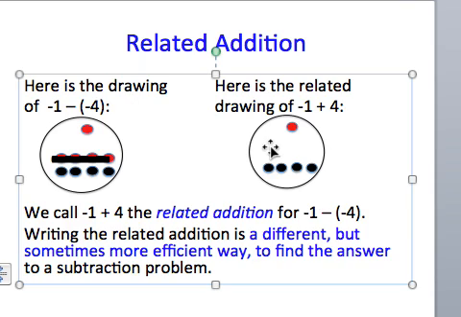So you can see how similar they are. And the reason it's key to recognize that relationship is that -1 plus 4, this equation right here, is called the related addition for -1 take away -4. Learning about and writing the related addition equation is a different but sometimes more efficient way to find the answer to a subtraction problem.